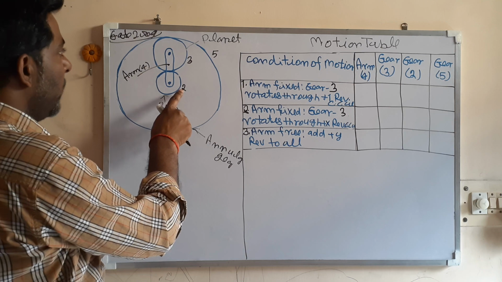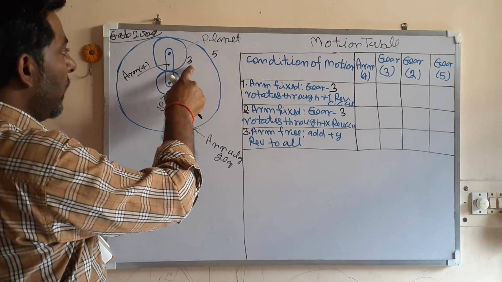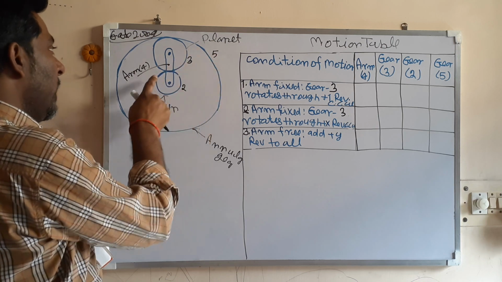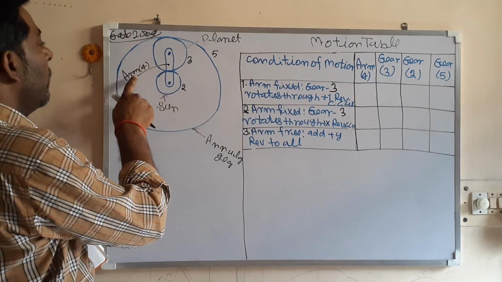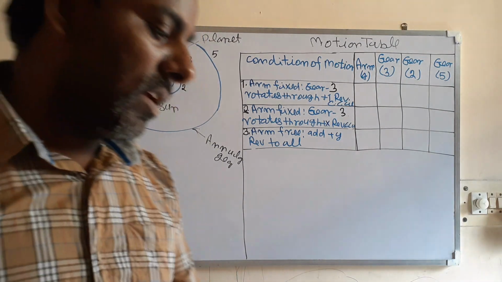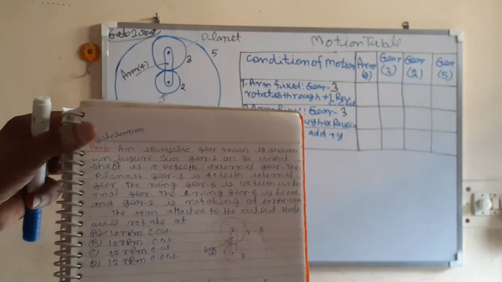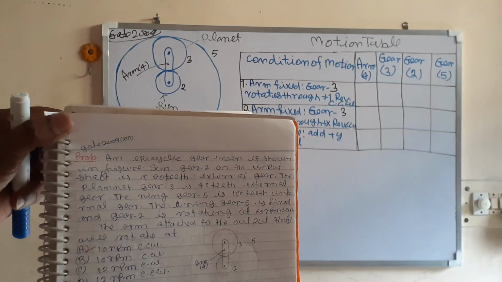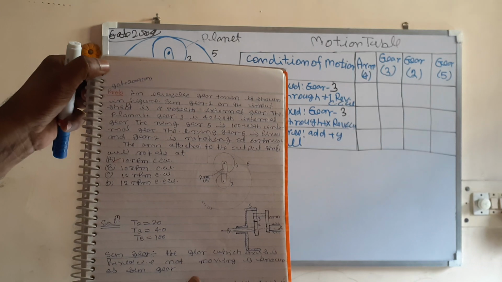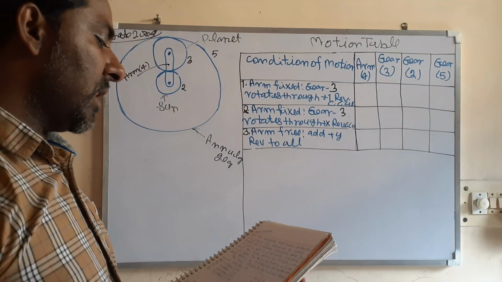So the sun gear in this problem is denoted by 2, the planet gear by 3, the annular gear by 5, and the arm is denoted by 4. Now let us read the question, and first take a snapshot of it. Now I am reading the question and writing the data.